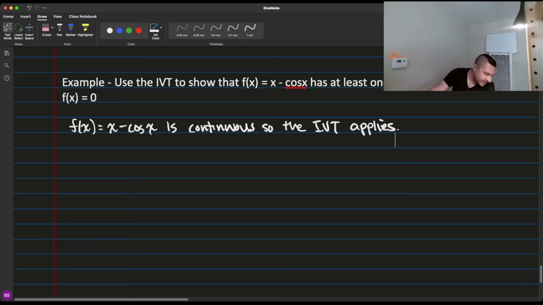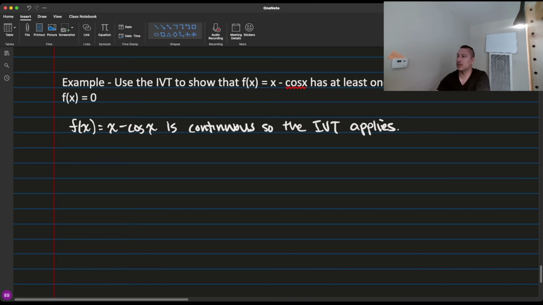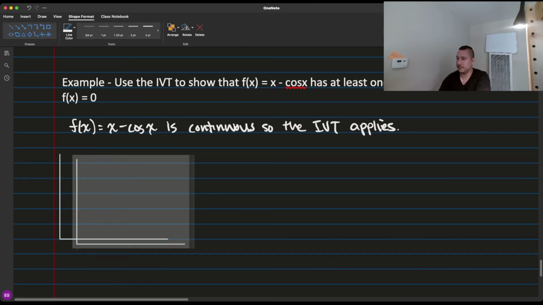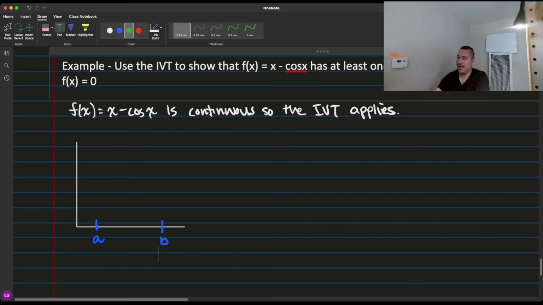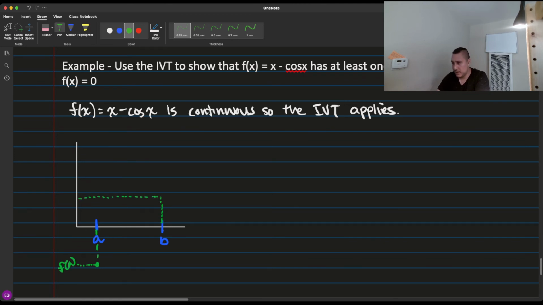Okay. So what we need to do, remember the way this works, let's insert our graph, is that you need to come up with an a value and a b value. Now what we want to happen is that f of a ends up being negative, and we also want f of b to be positive.